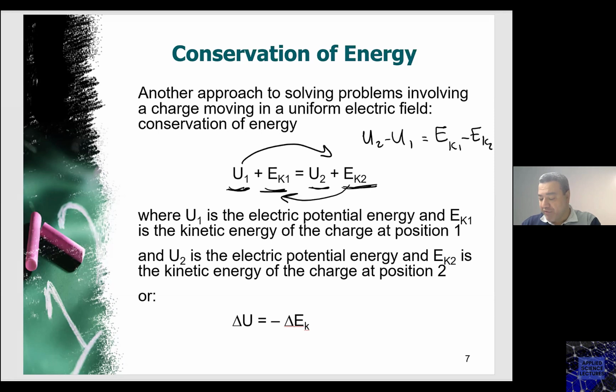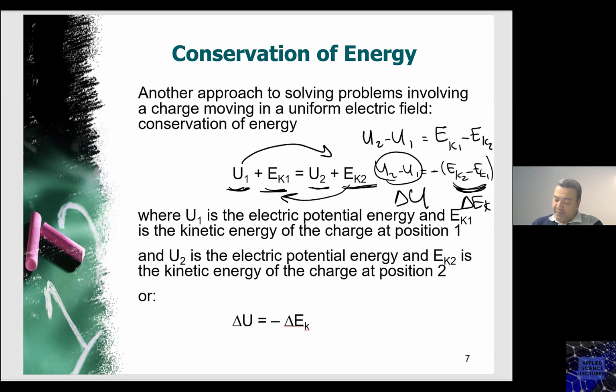If I rearrange such that I start with EK2, then it will be U2 minus U1 equals minus EK2 minus EK1, and this one is called delta EK, and this one is called delta U.